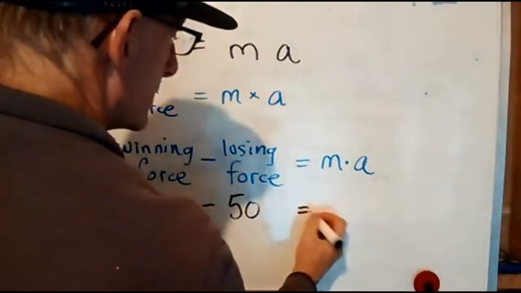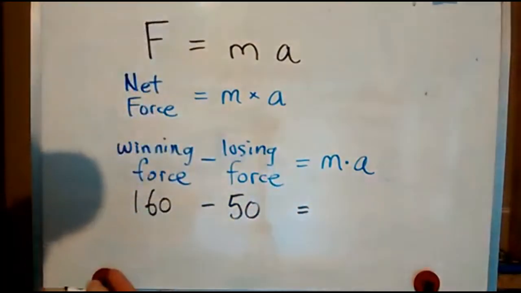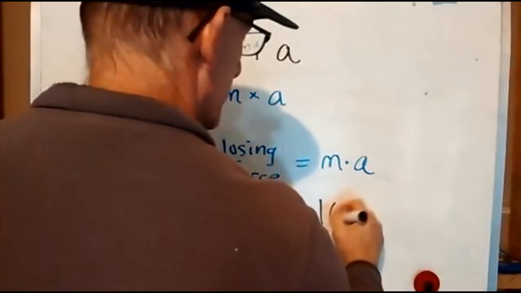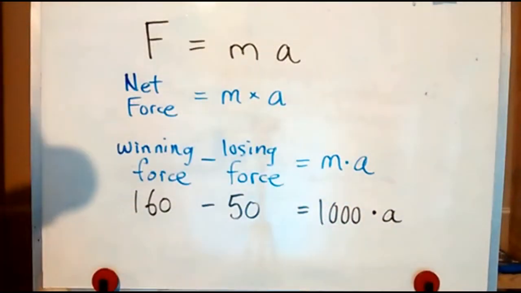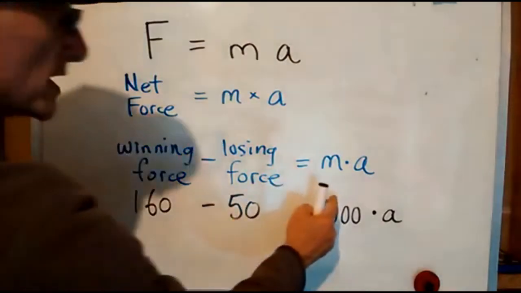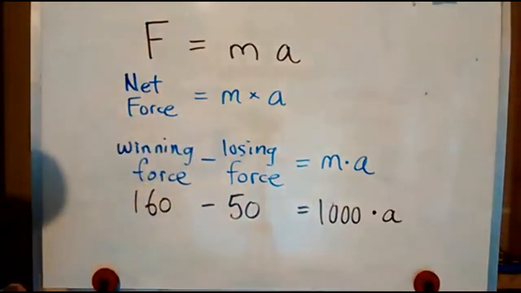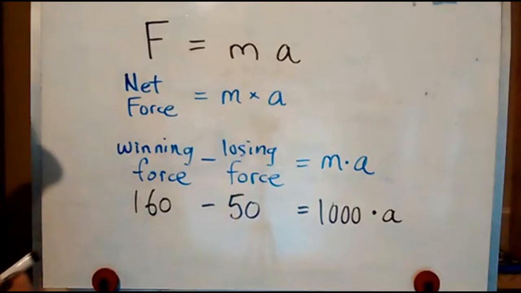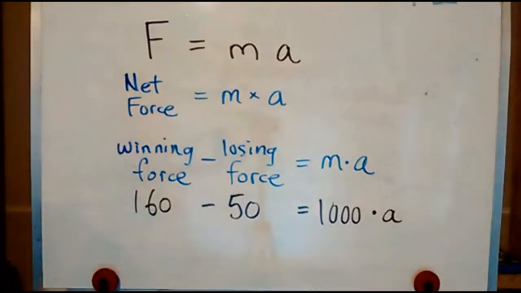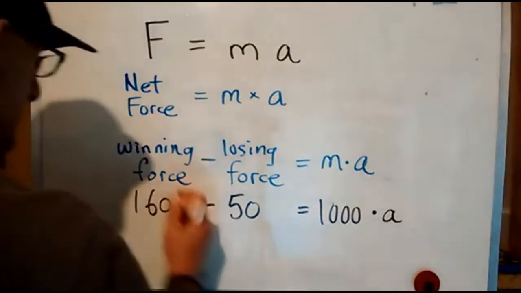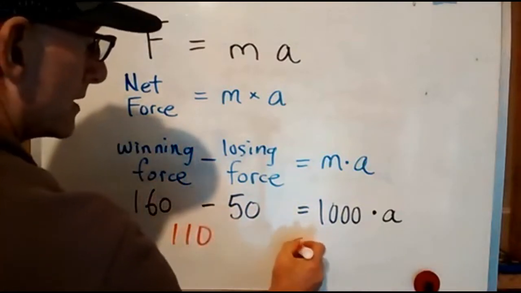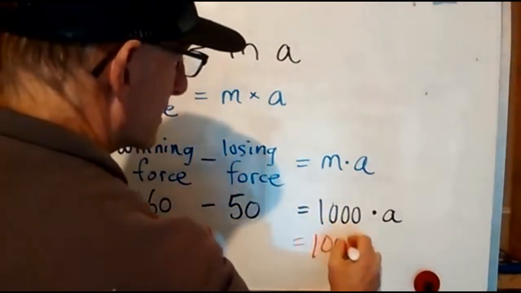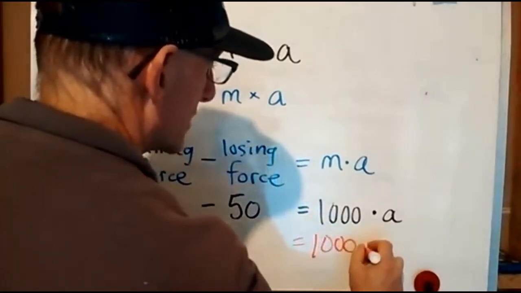And if the mass of the van was 1,000 kilograms, then it would be easy enough to calculate the acceleration of the van. You would just go 160 minus 50, which is 110, and equals 1,000 times the acceleration.